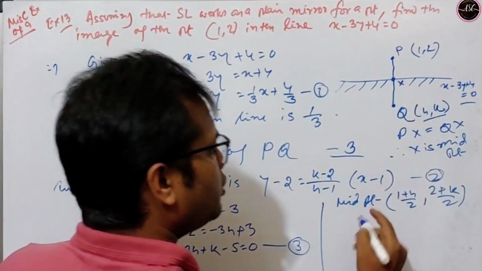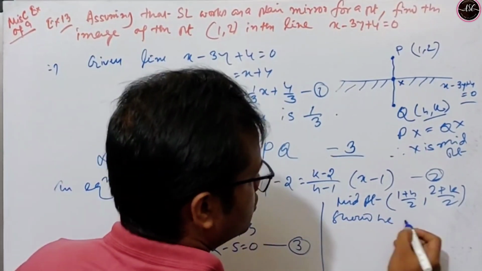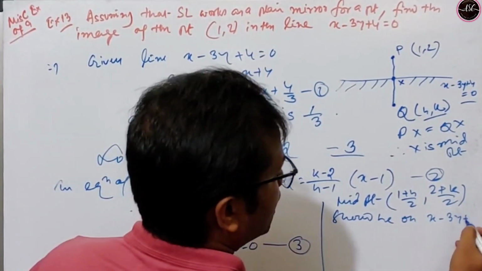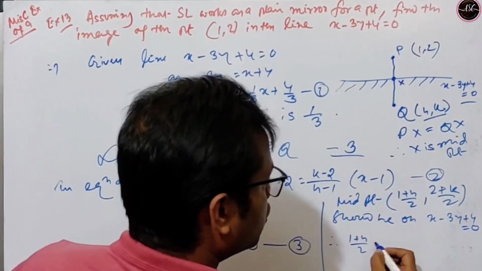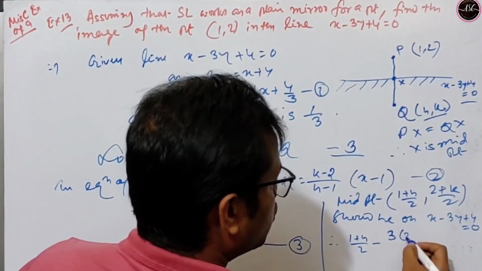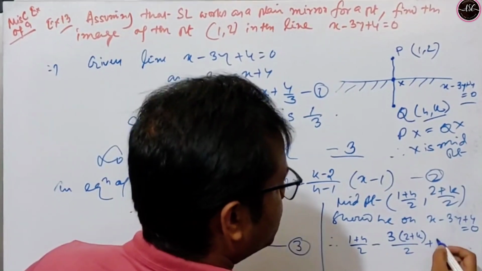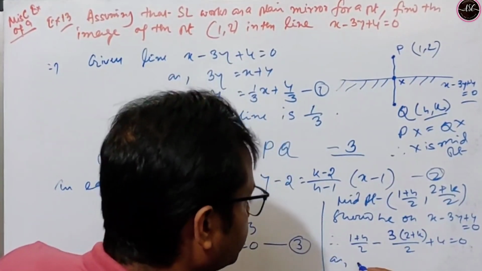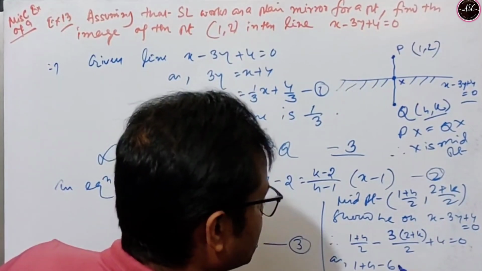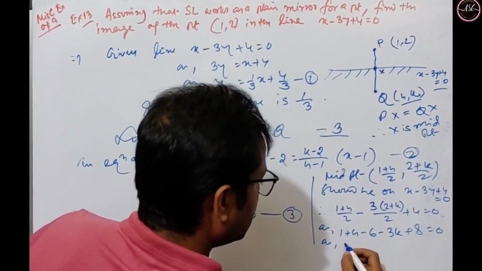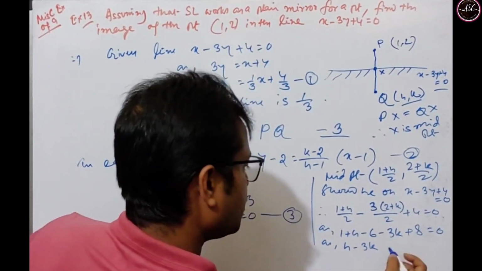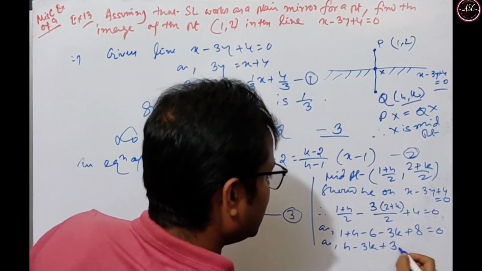This midpoint should be on x minus 3y plus 4 equal to 0. So we can write (1 plus h)/2 minus 3 into (2 plus k)/2 plus 4 equal to 0, or 1 plus h minus 6 minus 3k plus 8 equal to 0, or h minus 3k plus 3 equal to 0.